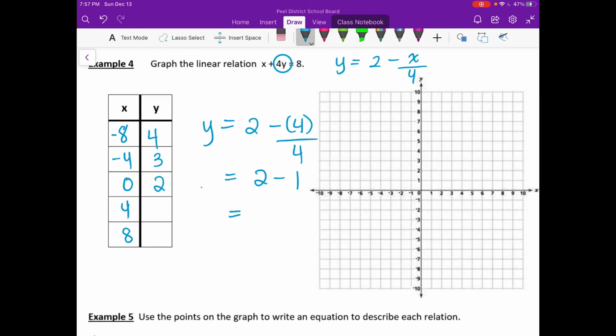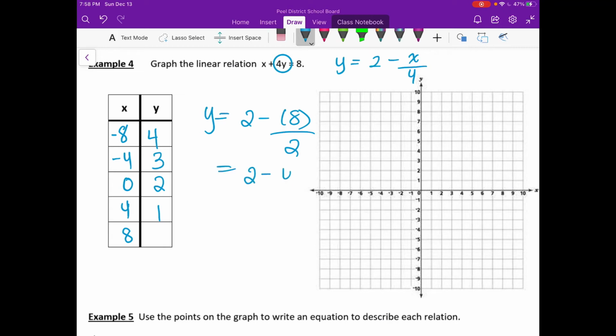2 minus 1 will give me 3. Sorry, 2 minus 1 won't give me 3. 2 minus 1 will give me 1. Sorry, 2 minus 3 will give me 1. And then I'm left with y equals 2 minus 8 over 2. 8 divided by 2 is just 4. 2 minus 4.